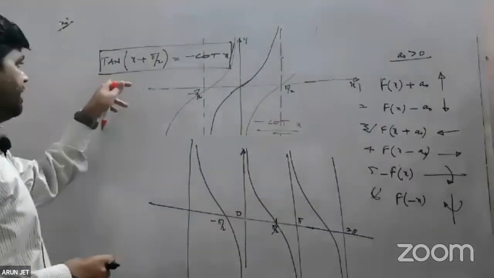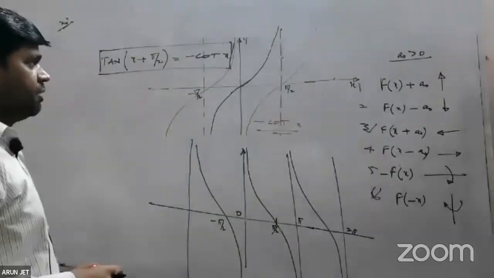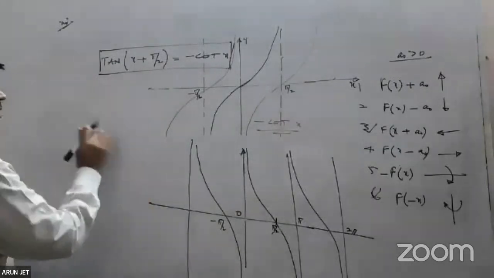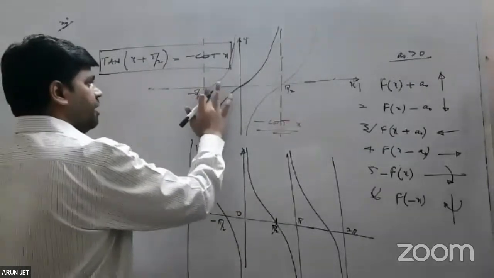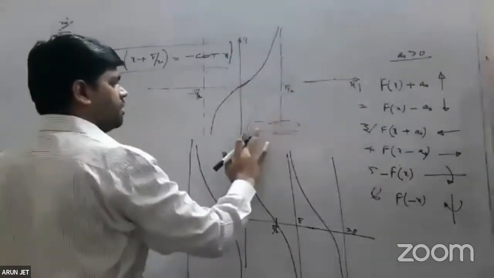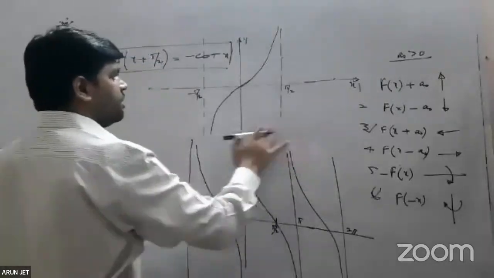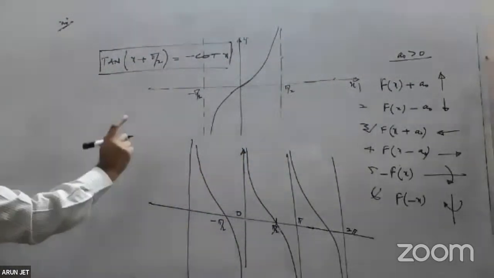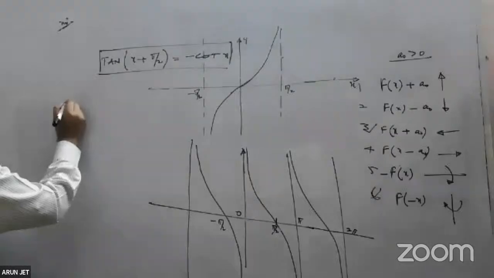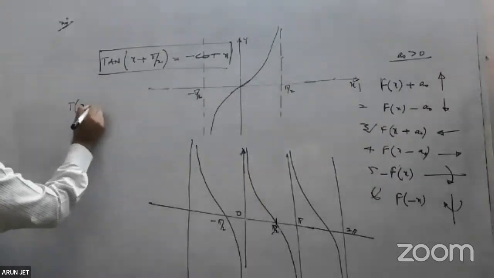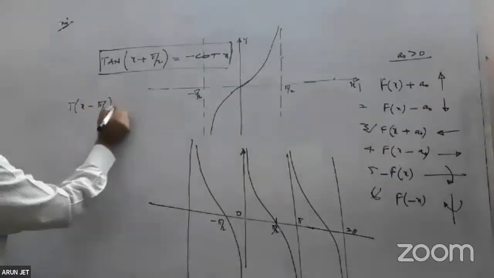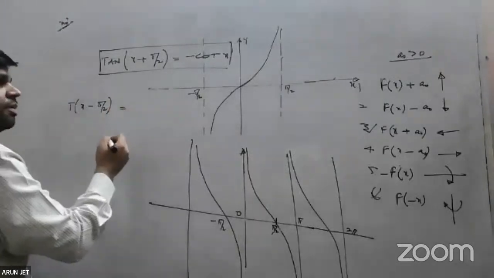All right. So I get tan of x plus pi by 2 is minus cot x. Now, what is tan of x? I erase this red part. Now I'll write a transformation. From the graph, you tell me what you get. Tan of x minus pi by 2 is equal to what?